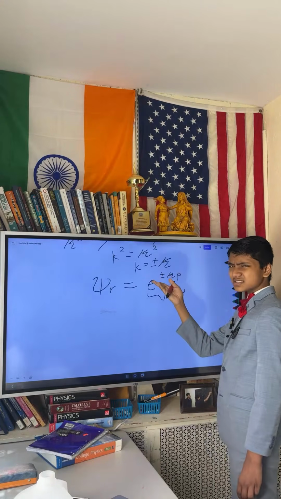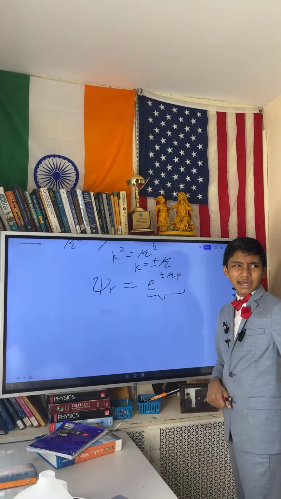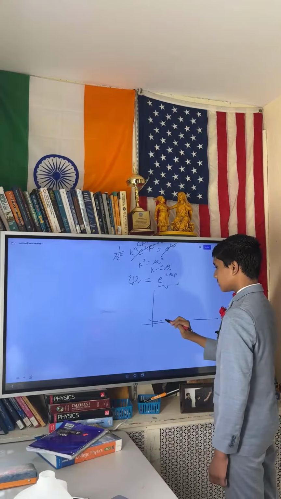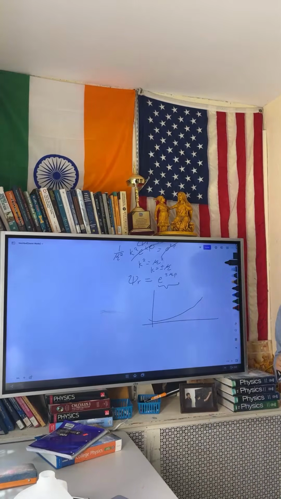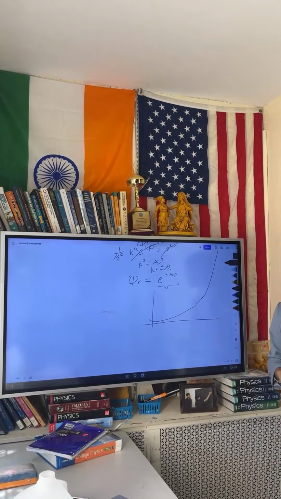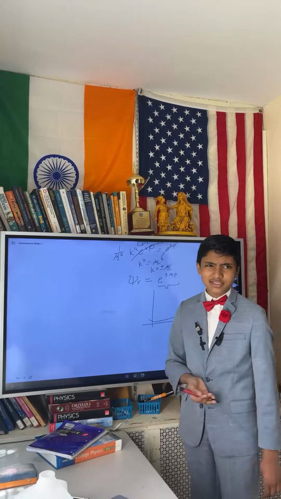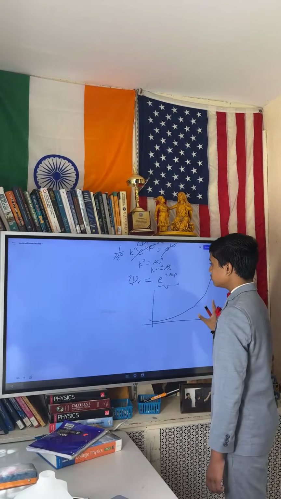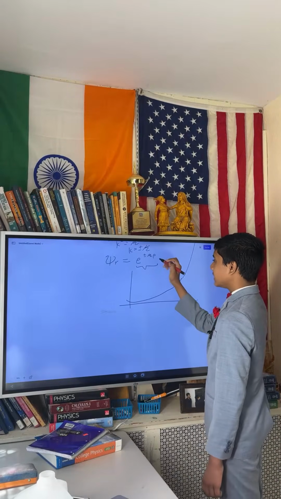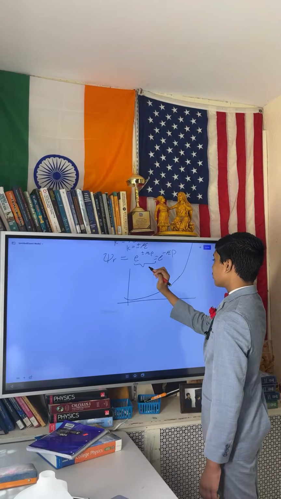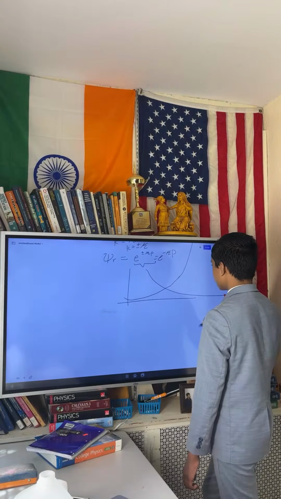Well, if we take the positive root, then this is going to approach infinity as rho approaches infinity, and it's not going to be integrable anymore. And we don't want that. We want something that satisfies Born's statistical interpretation. So we have to take the negative root, which is a lot more tidy because as rho approaches infinity, this is going to approach 0.